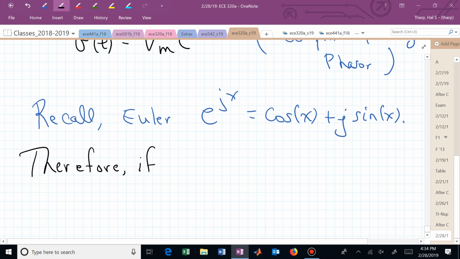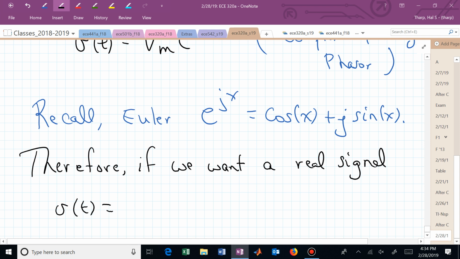Therefore, if we want a real signal to be extracted from that complex spinning phasor, we could say, let's just look at v of t as the real part of v sub m e to the j omega t.